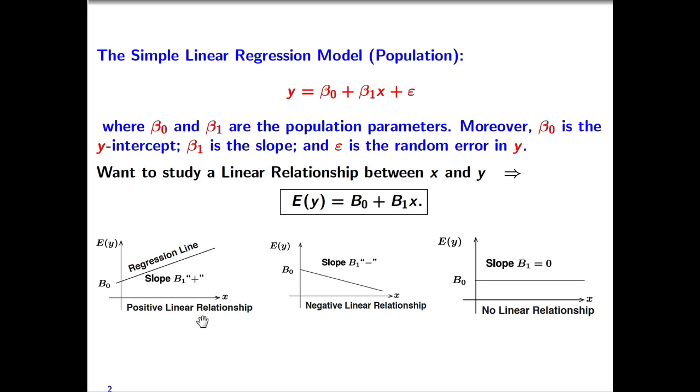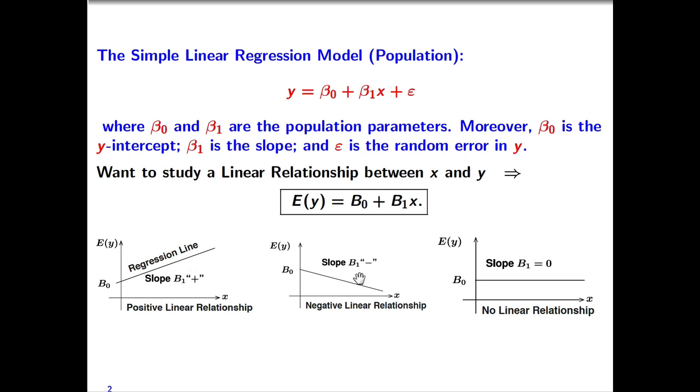Case number 1, if this beta 1, the slope, is positive, then we have a positive linear relationship between x and y. In this case, the regression line is increasing or rising.